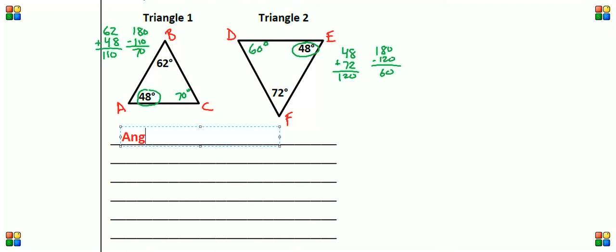Okay, I'm going to put an angle. Actually, I've been using the measure of angle.